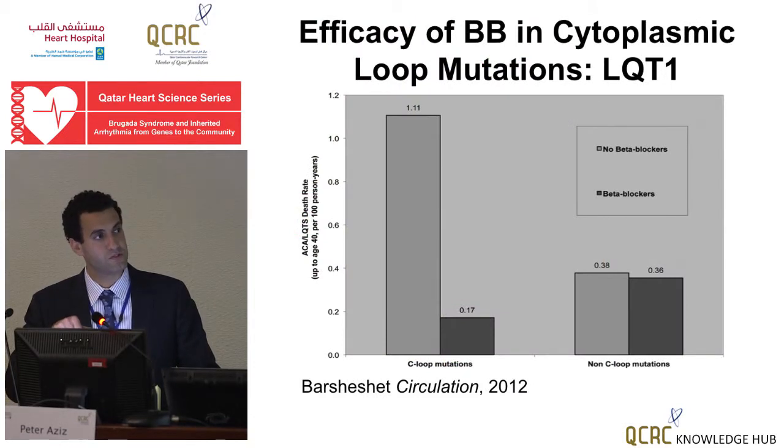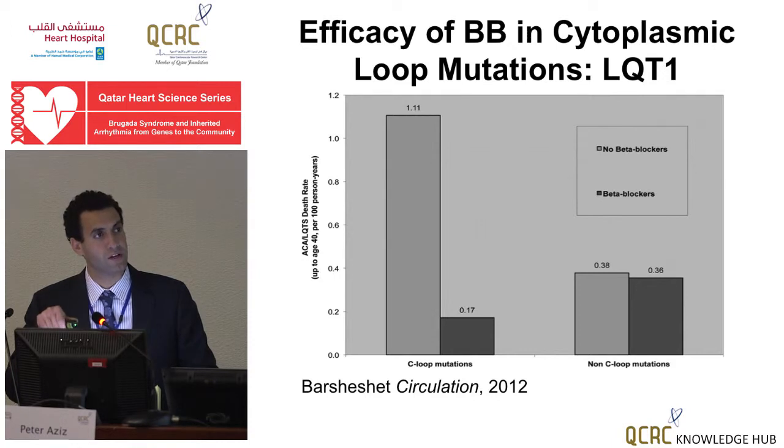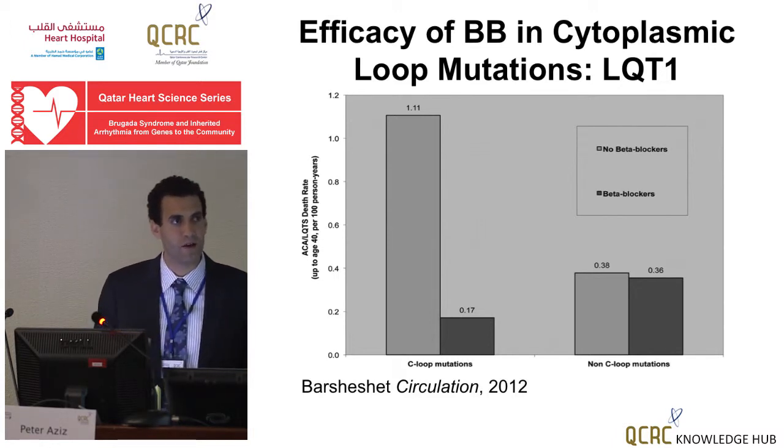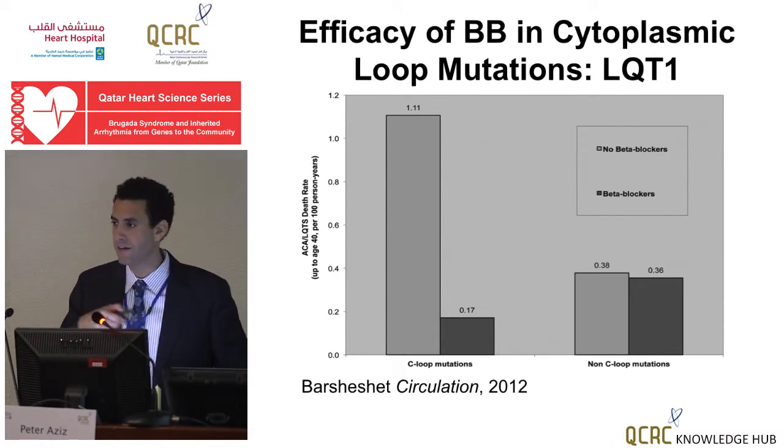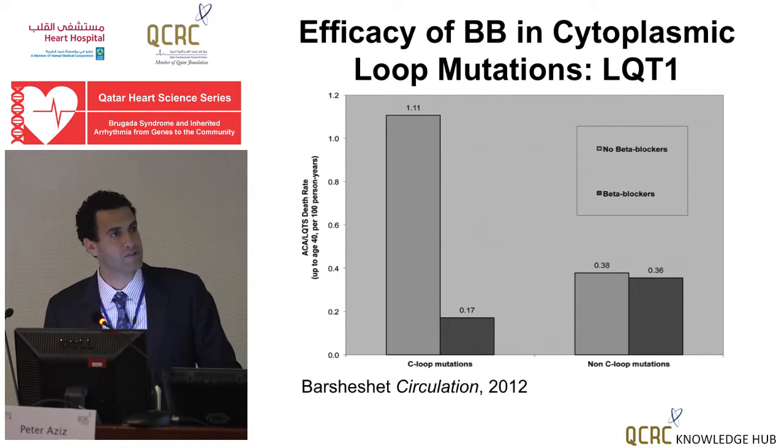Fortunately, those patients with C-loop mutations, though they had the highest risk of events, had the best response to beta blocker therapy, whereas patients with non-C-loop mutations had sort of an equivocal reaction. This perhaps is, at least in part, explained by the fact that if you're low risk already, it's probably hard to establish efficacy in beta blocker, whereas if you're high risk, the difference becomes much more evident.